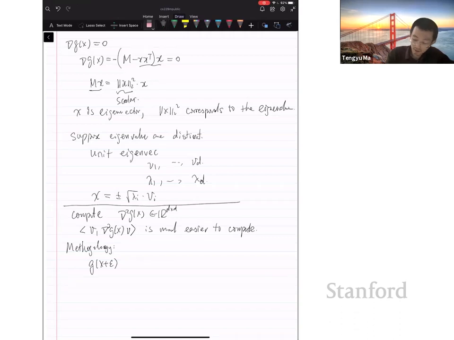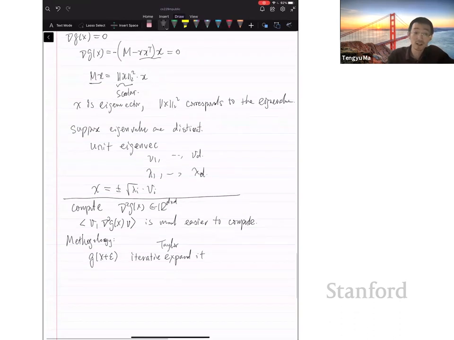I'm just going to iteratively Taylor expand it. Whatever this g is, g needs to have an analytical form. Maybe it's a composition of several functions. You just iteratively Taylor expand it into something like g of x plus some epsilon times some vector plus some epsilon times some matrix.